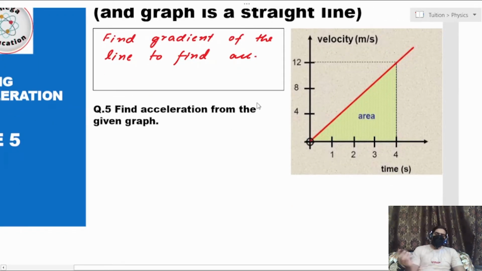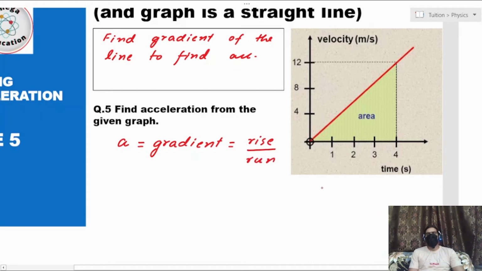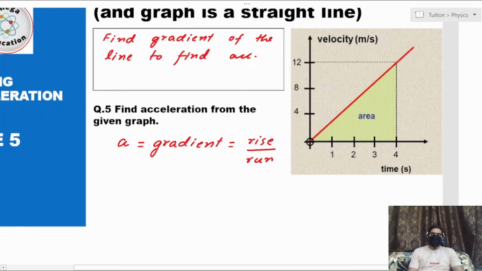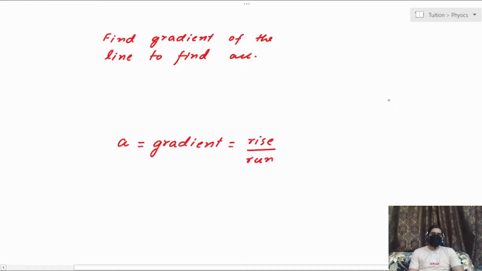Now, the very simple way of calculating the gradient is you use the formula rise over run. Alright, so rise means the vertical distance, like this one, and run means the horizontal distance, after you have chosen any 2 points.